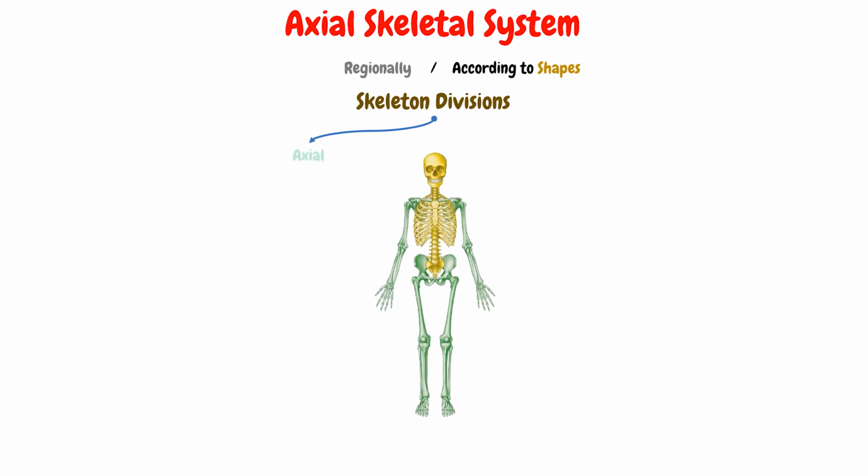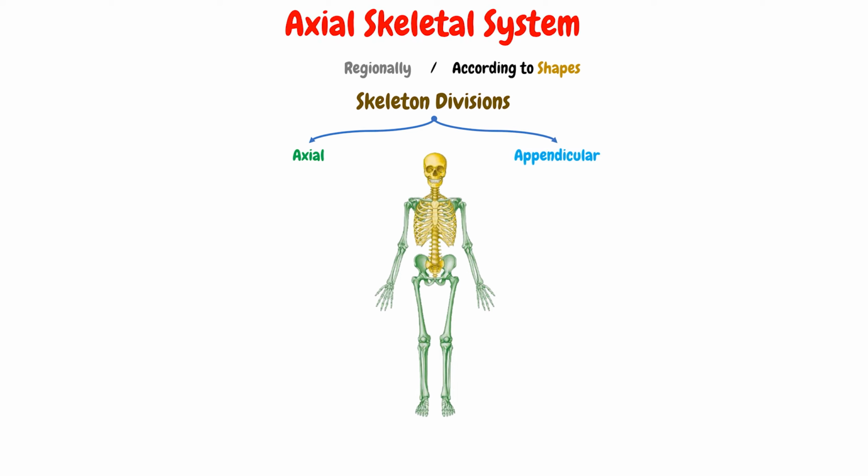As you know previously, the skeletal system bones can be classified either regionally or according to their shapes. So, in the regional classification, we will divide the bones into two divisions: the axial skeletal system and the appendicular skeletal system.